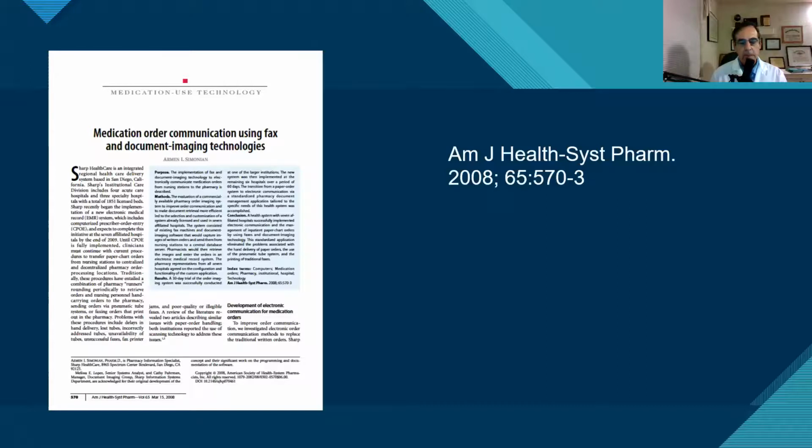And so this article reviews that whole process, how we went about it, and again, still valid in this day and age where the goal is to be 100% paperless, get rid of all the paper. But as we know, that's not totally practical.